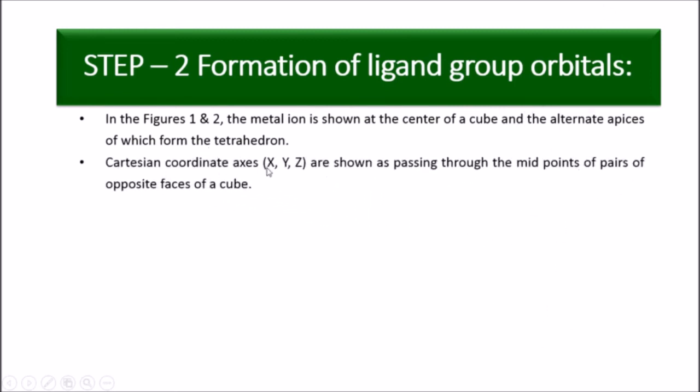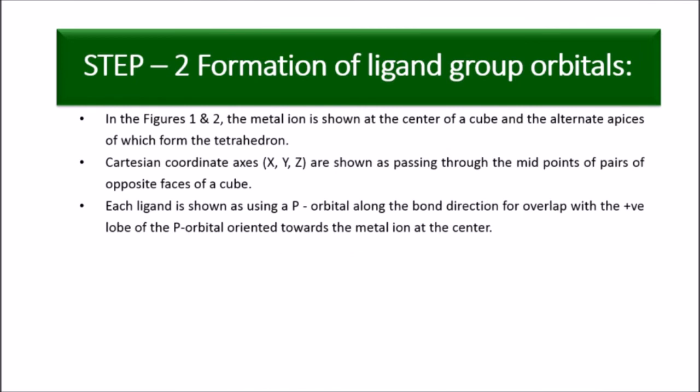The Cartesian coordinate axes, that is x, y, z, are shown passing through the middle points of pairs of opposite faces of the cube. So you need to assume a little bit. If you assume in a proper way, it will be visualized. I am going to show you how it is oriented when we have a classroom interaction, after the normalcy of the pandemic situation.